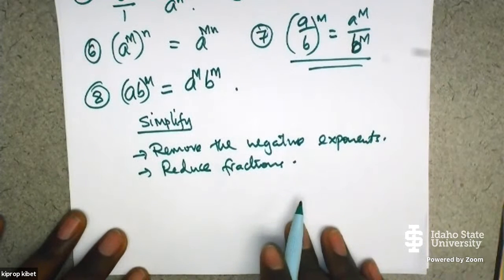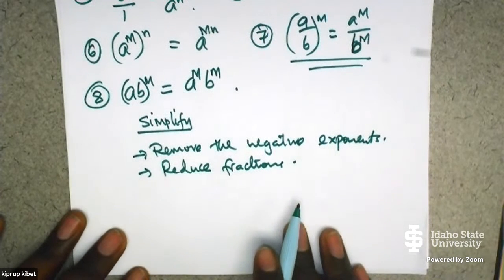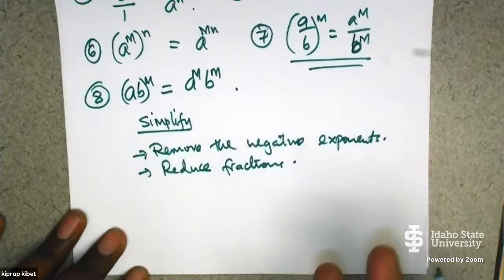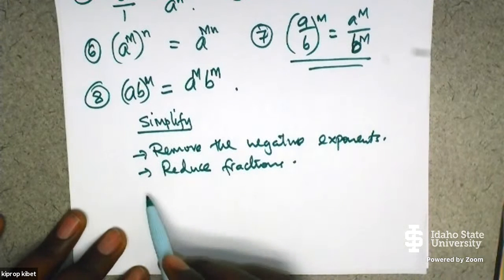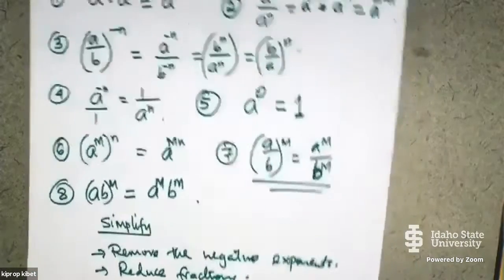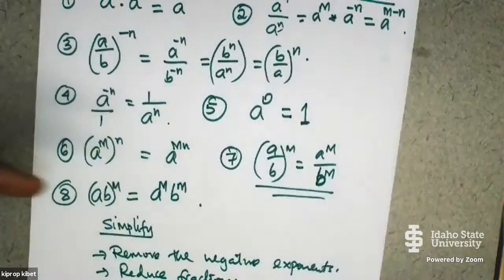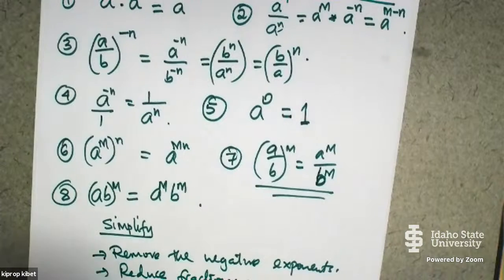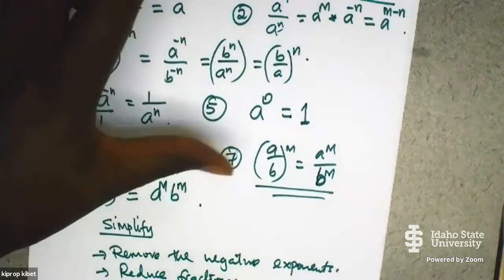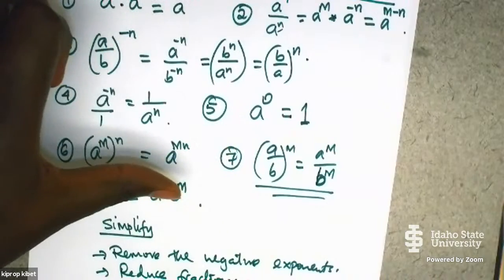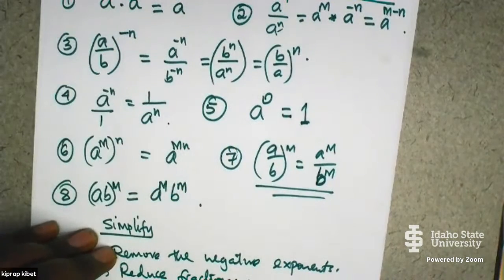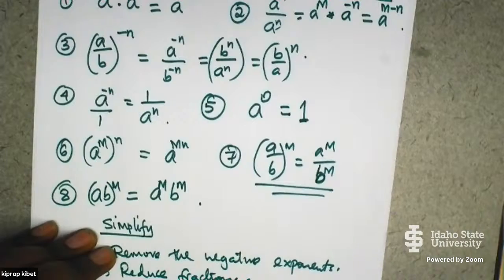And also you can simplify: if you have 2 exponents of the same base in the denominator and the numerator, then you can use all these operations here. And we will see some examples on how we can solve this.